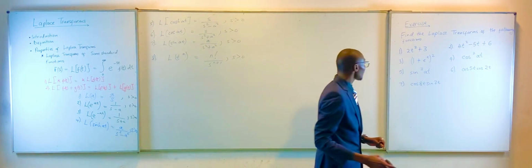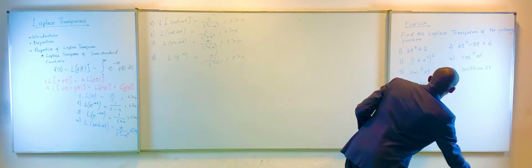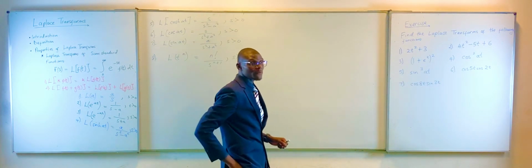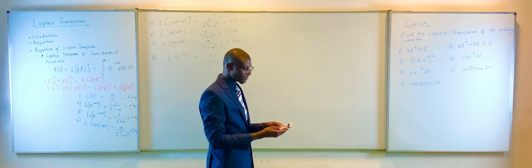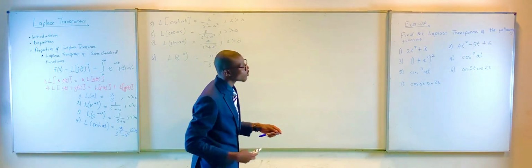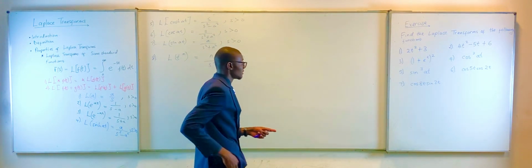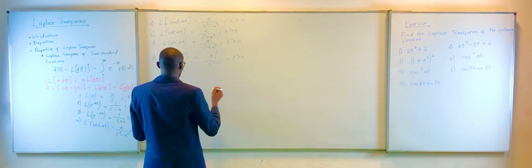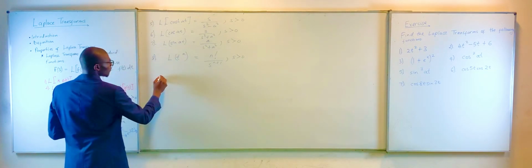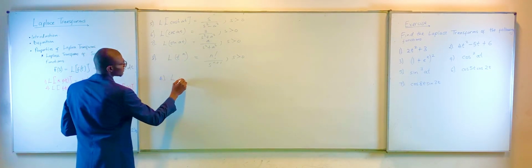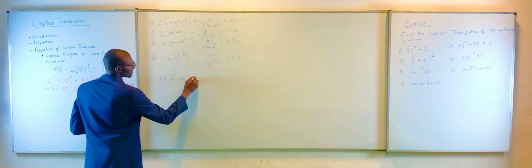Okay, so now we shall look at number 4. For number 4, we are required to simplify the Laplace transform of cos squared at. So we want to find the Laplace of cos squared at.